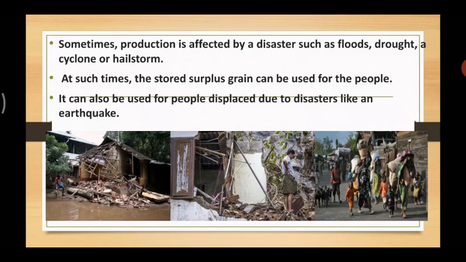That means during a natural disaster, you can use these food grains which are stored in the warehouses for the people. It can also be used for people displaced due to disaster. That means during the disaster, if their houses are collapsed, like in an earthquake or floods, you can use those food grains for those people who are displaced.